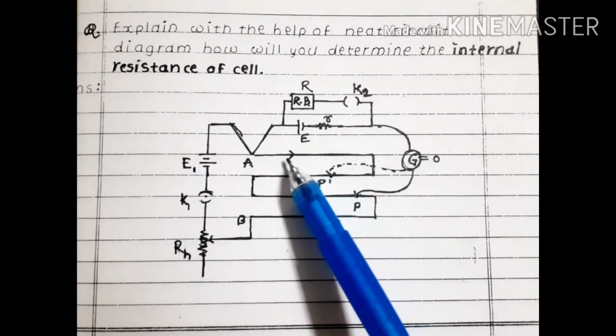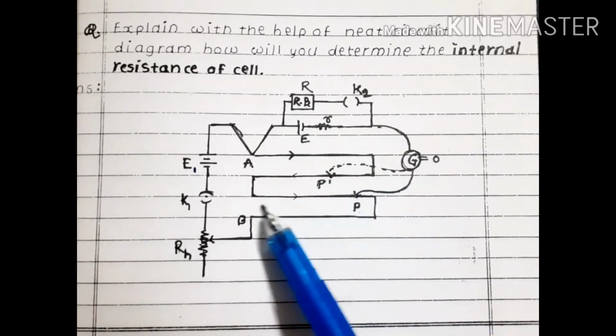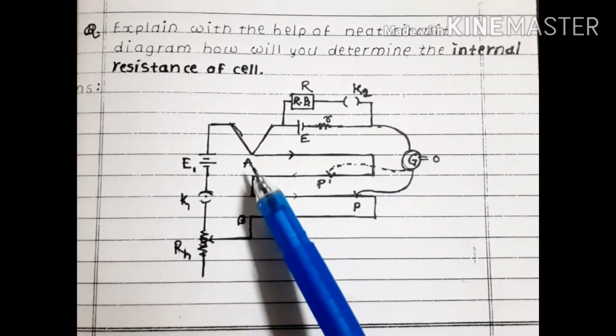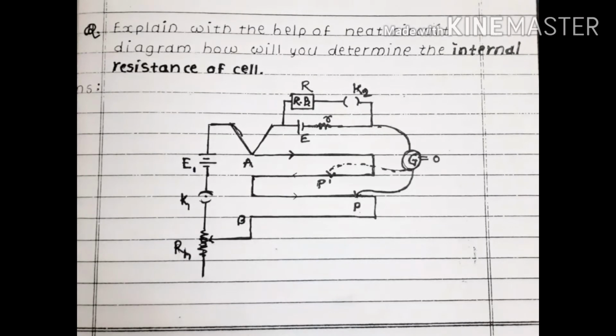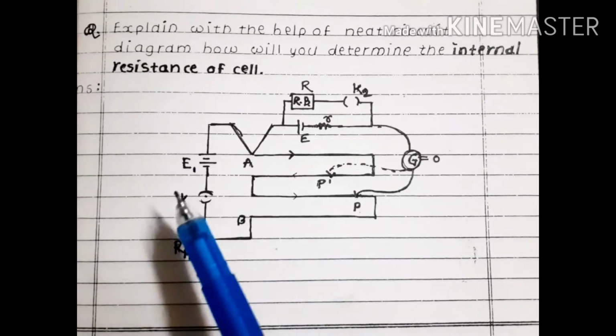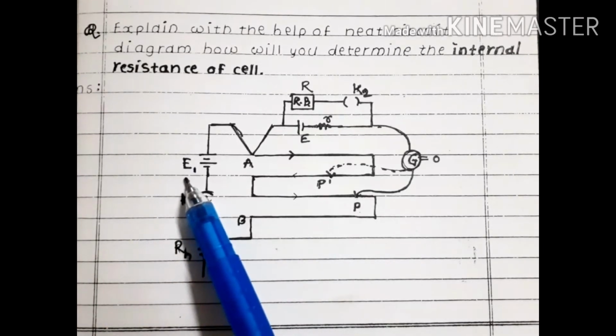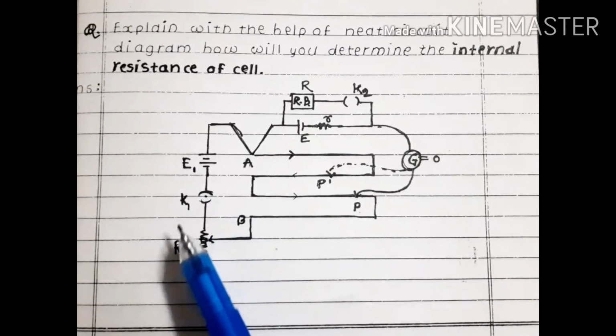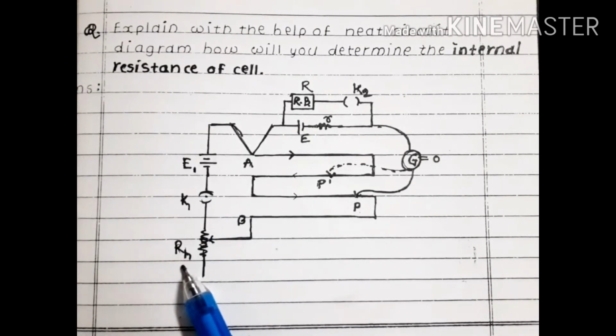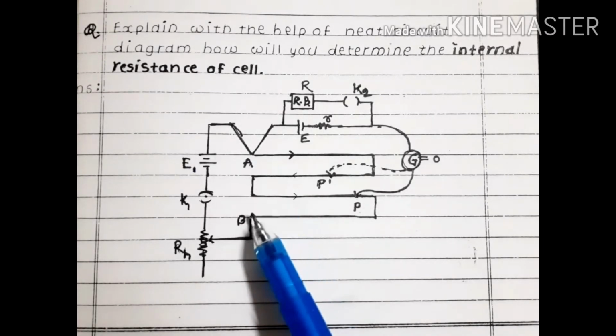The potentiometer consists of a thin uniform wire which is fixed in between two points A and B on a wooden board. A driver cell of EMF E1, plug key K1, and a rheostat RH are connected in series across the wire AB.